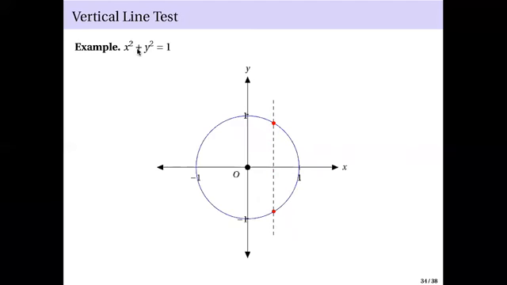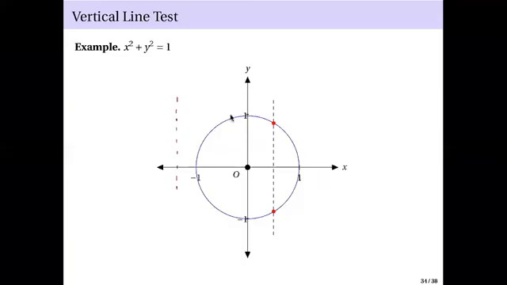This equation, x squared plus y squared equals 1. So you have the circle here. This is an equation of the circle. You get the vertical line maybe here, maybe somewhere here.